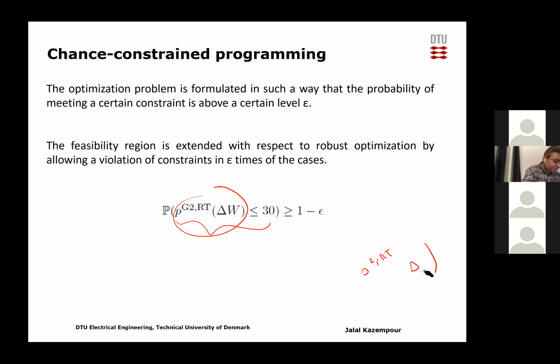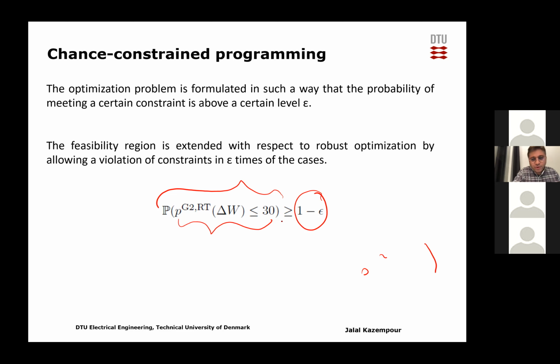So now we have this operational constraint for G2. And we would like to know that the probability of this constraint holding over the whole probability distribution is greater than or equal to 1 minus epsilon. And epsilon is a value between 0 and 1. It's a given value.